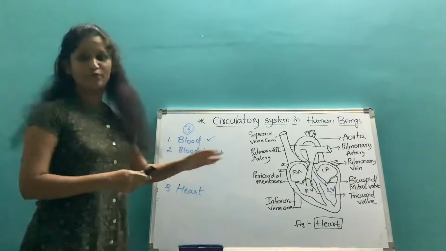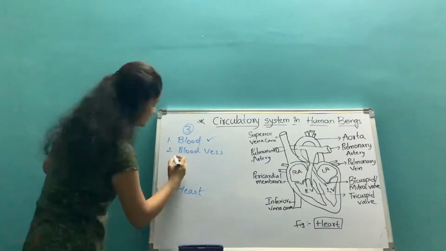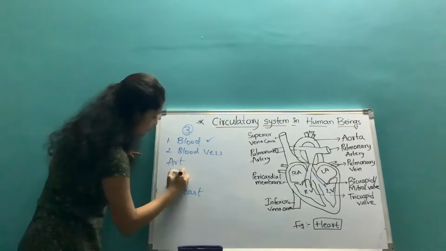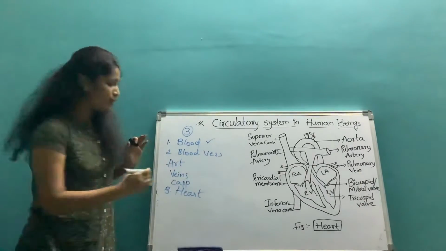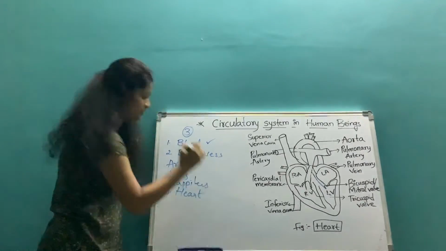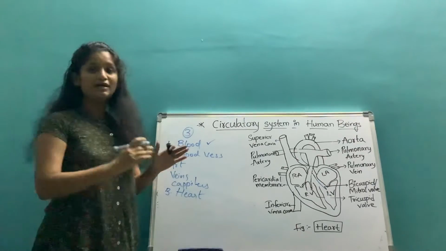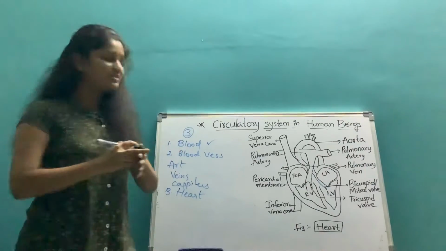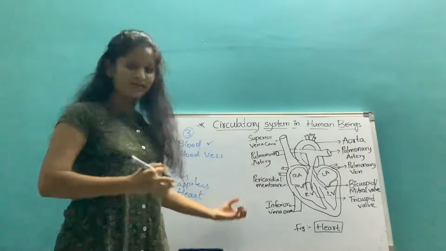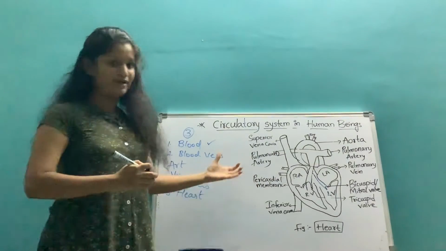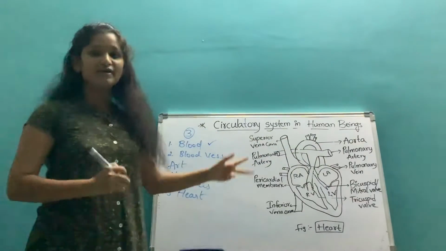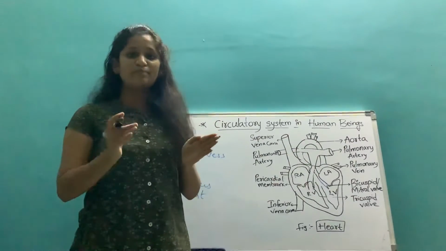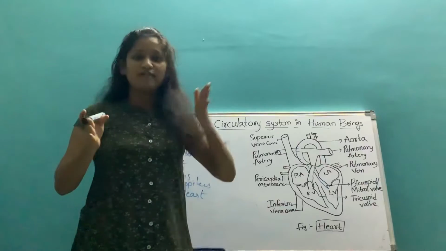These blood vessels are three types, that is arteries, veins and capillaries. Each of them will have their respective roles. Arteries always carry the blood away from the heart and the veins carry the blood towards the heart, and the capillary forms the network between the artery and the vein.